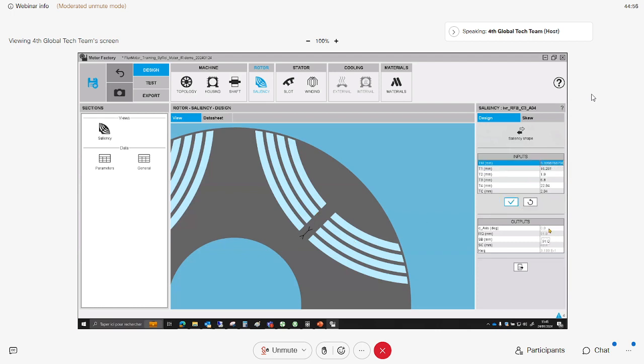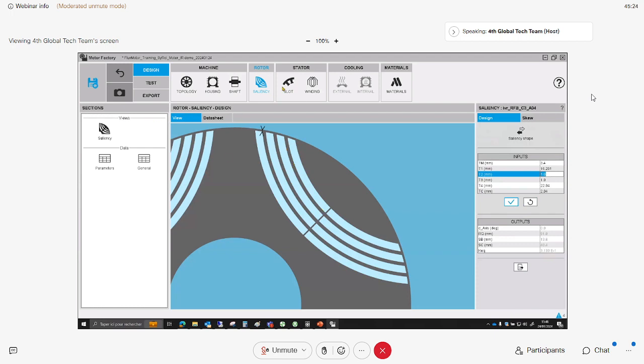The bridges here, we said that it should be something like 1 millimeter, and then something we have to take care of is to not saturate these layers.